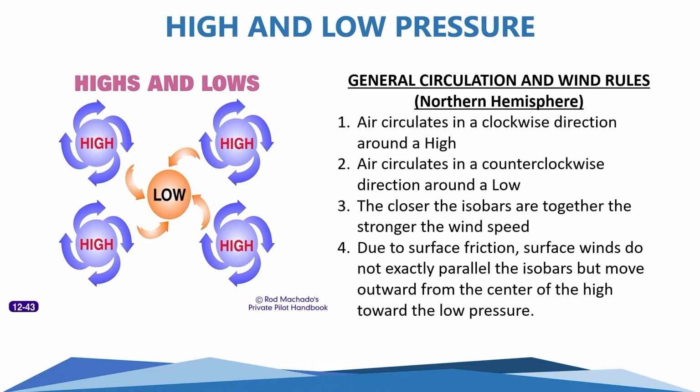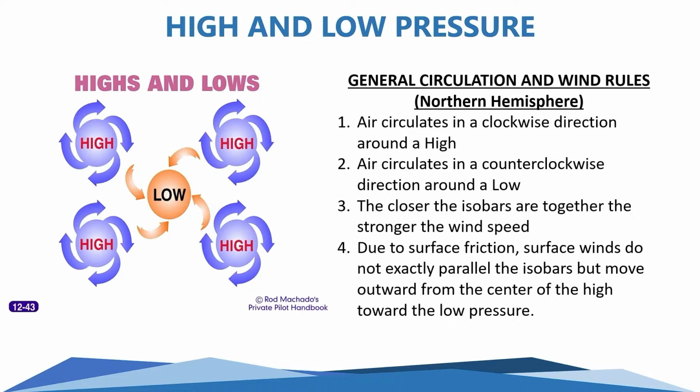Okay, high pressure moves clockwise, but it moves down. Okay, so the reason why high pressure is generally associated with good weather is because it's kind of keeping a lid and not allowing any of these clouds to really develop vertically. The low pressure is really encouraging these clouds and cells to develop because it's basically pushing up.